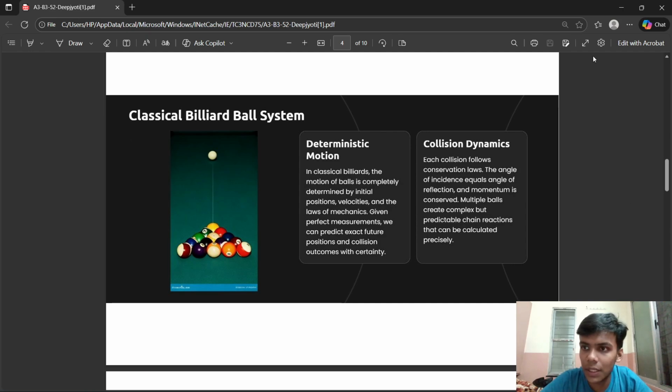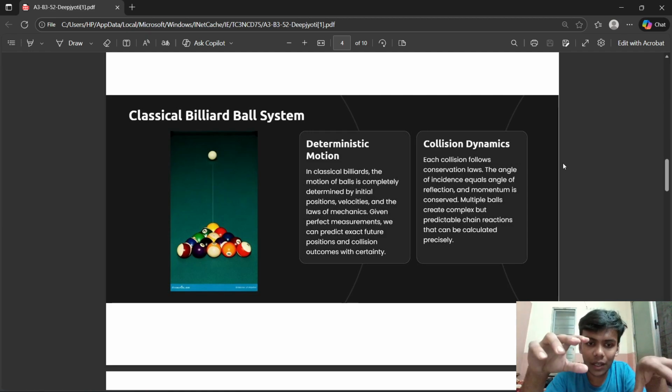The classical billiard ball system is the first and finest example of all of this. So we are taking an example here: deterministic motion. In the classical billiard ball system, the motion of the balls is completely determined, and the laws of mechanics let us determine position and velocity in every aspect. Given perfect measurement, we can predict the exact future position and collision outcomes.